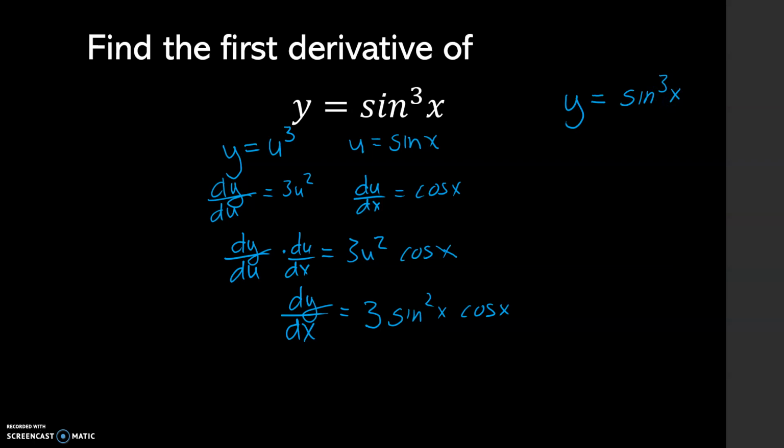And we're feeling confident, we know what we're doing. We're just going to start off. The derivative of something cubed is 3 times something squared. Notice we have that on the left. That something is sine of x, which has the rate of change of cosine of x.